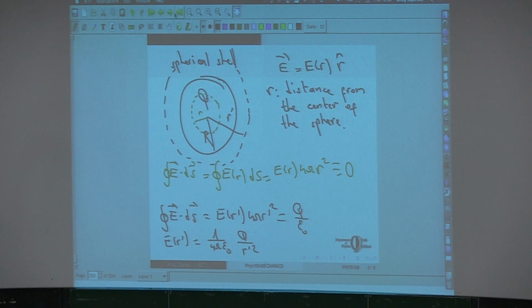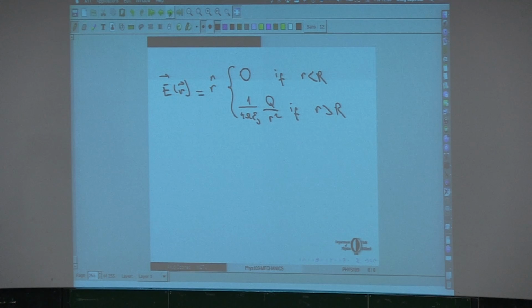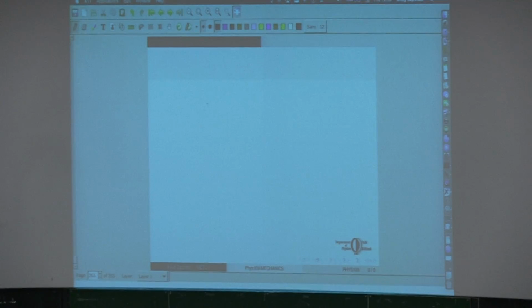So your friend is asking this question. We have this shell. This time it is neutral. We put a point charge at the center of this shell. Now, in this case, the shell has absolutely no effect whatsoever.